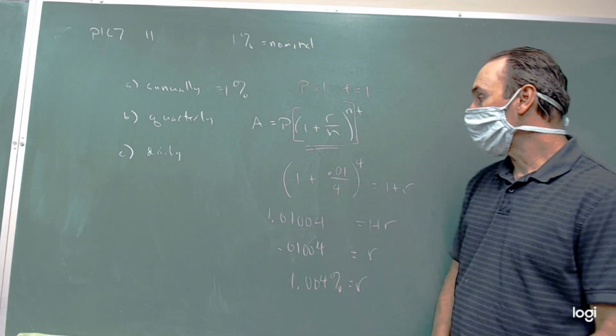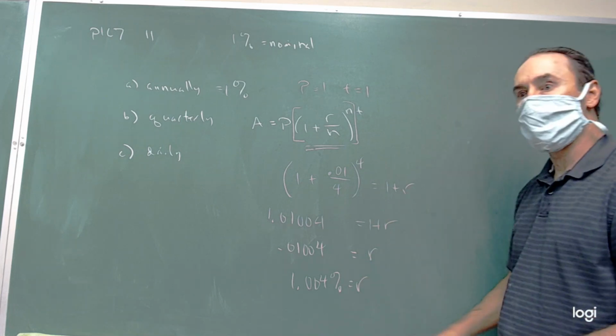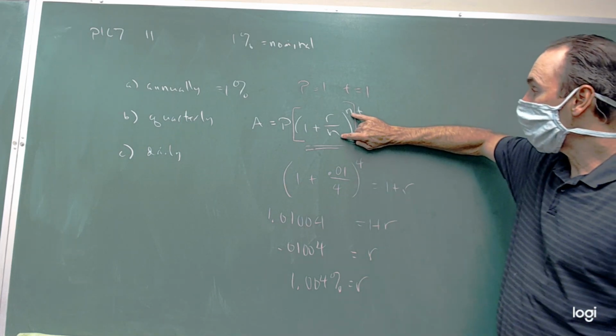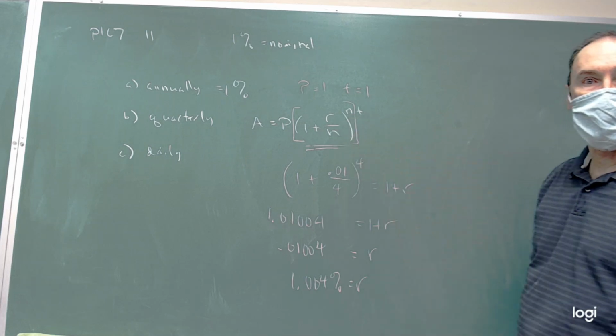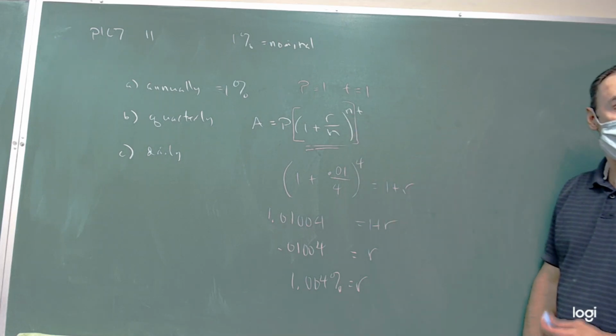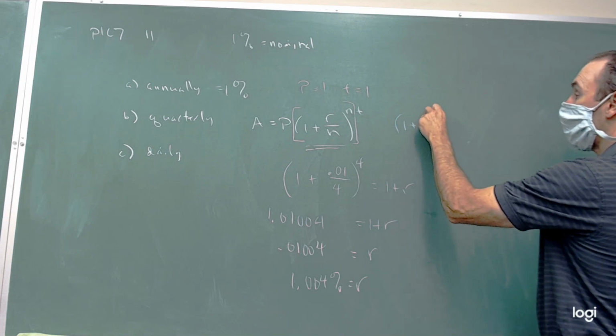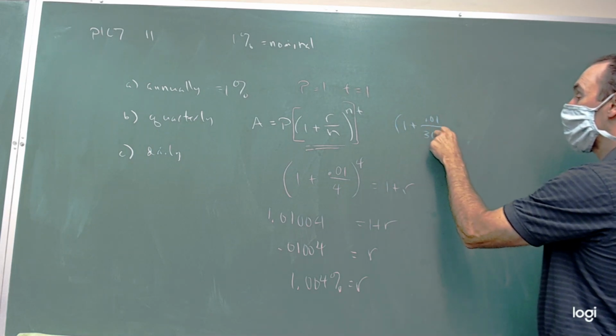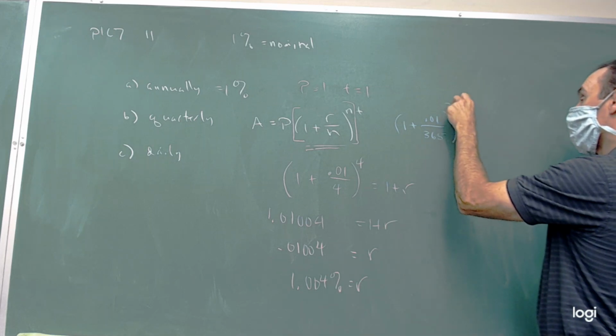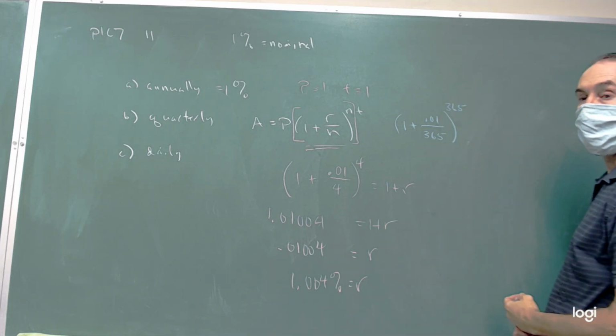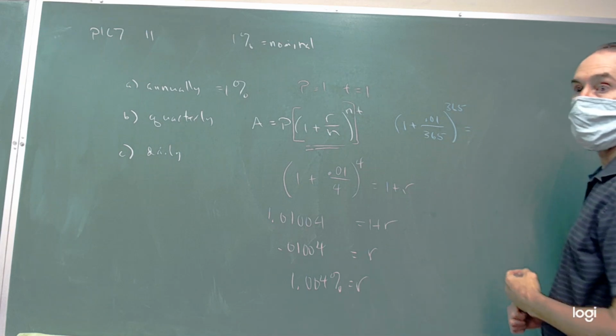Then to do it daily, we repeat this idea, but now for the N we're going to plug in 365. That seems reasonable. So we'll get 1 plus 0.01 over 365 raised to the 365 power. Let's do the same thing.